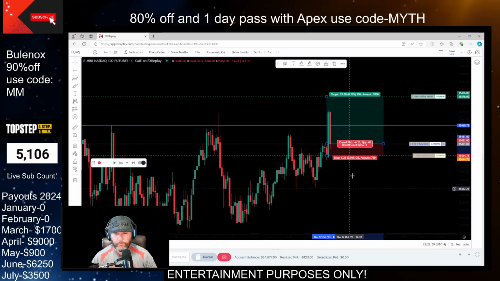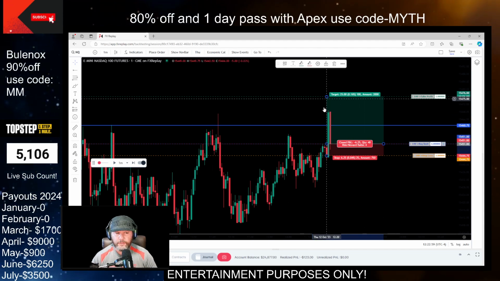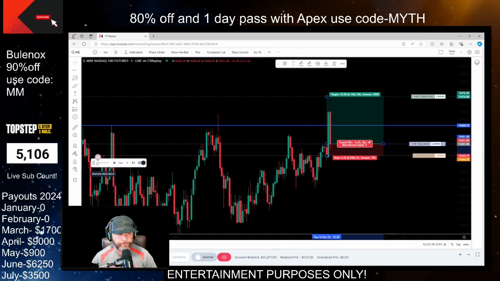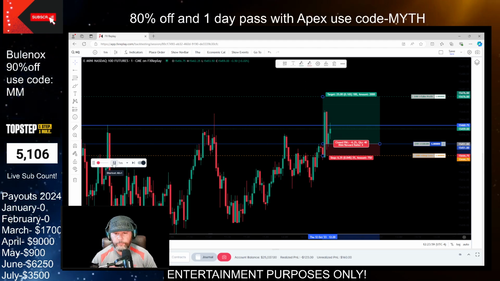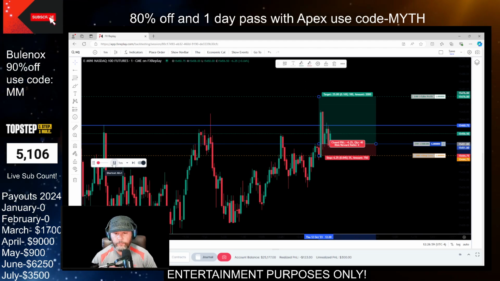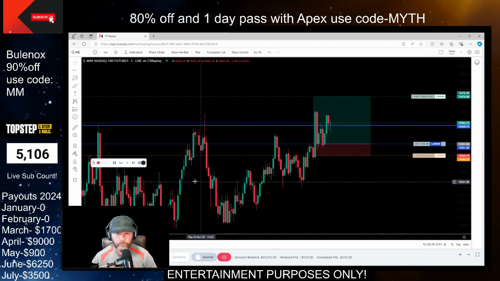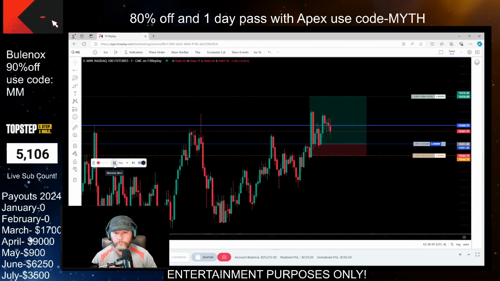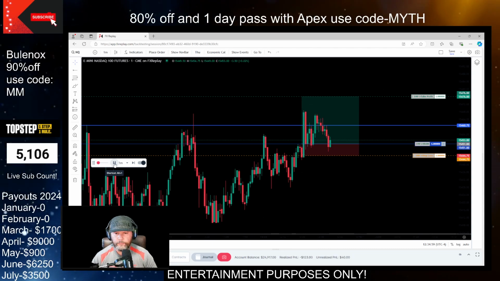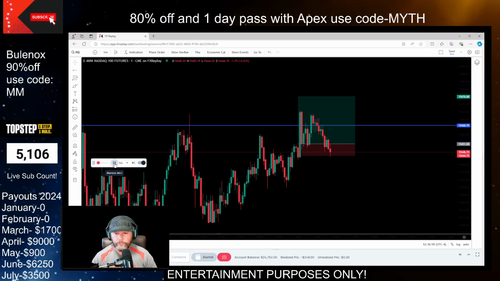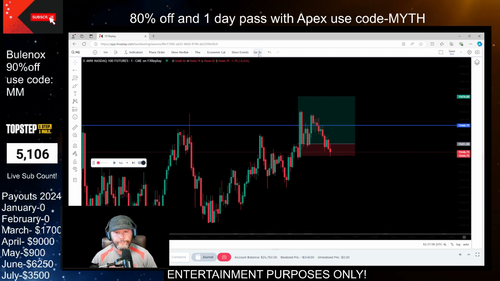So we're going to keep the stop where it would have been. We'll just make the target a little wider. And it would have been a loser.